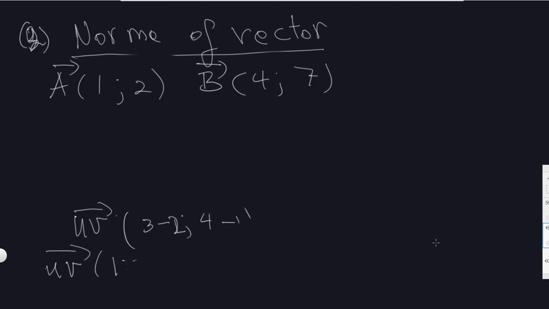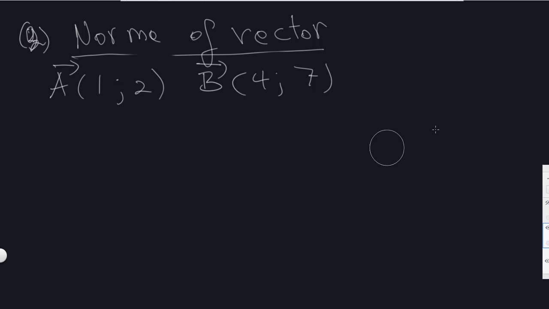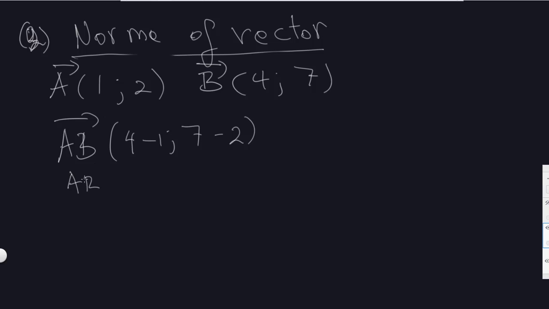First thing, find the components of these two vectors. It will be AB, all right, where we have a 4 minus 1 and a 7 minus 2. So the component of this vector will give you 3 and a 5.